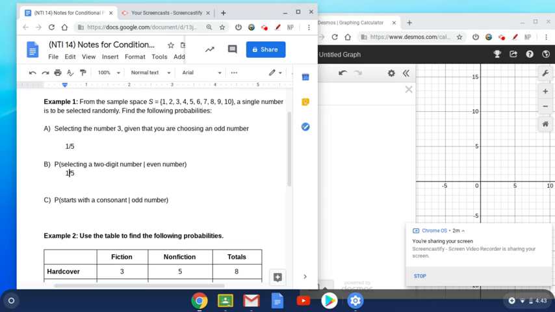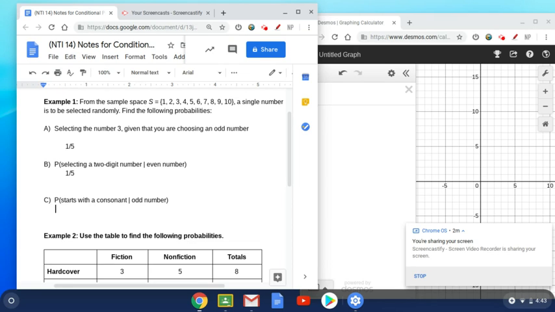Part C says, what's the probability that the number you pick starts with a consonant? Just to remind you, you have vowels, A, E, I, O, U. Everything else is a consonant. So what's the probability of picking something that starts with a consonant, given that it's an odd number? Again, what's my condition? My condition is that it has to be odd.